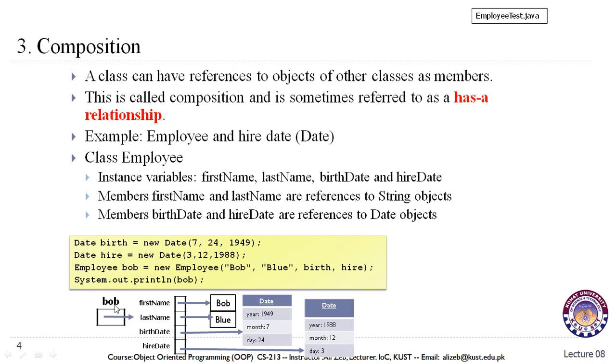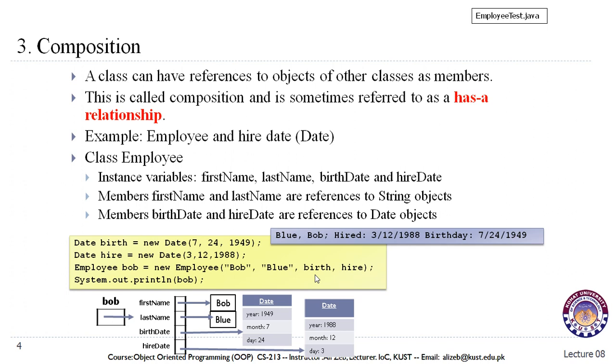You can see here, this is the object of the employee class, and it has these 4 instance variables. If you look at the output of this line, then it prints the first name, the last name, the hire date, and the birth date, in the way we have set this code in the toString method of the employee class that we will look at in a little while.